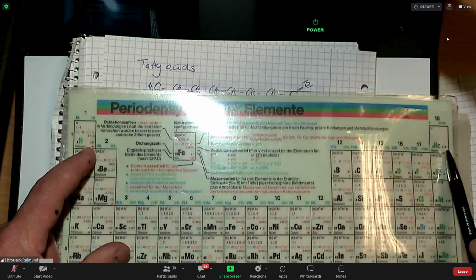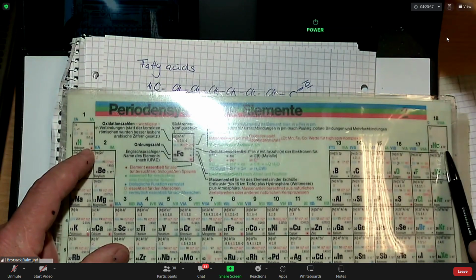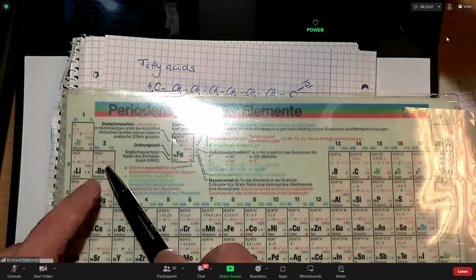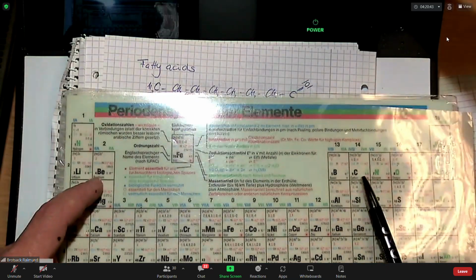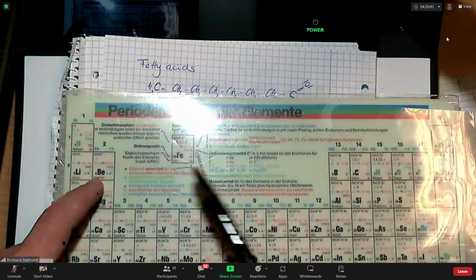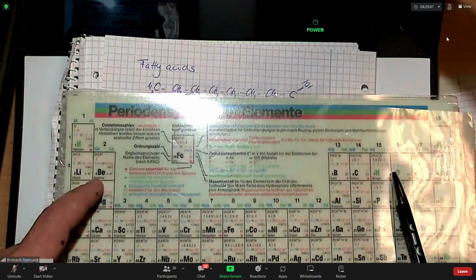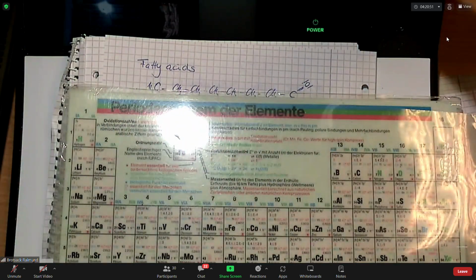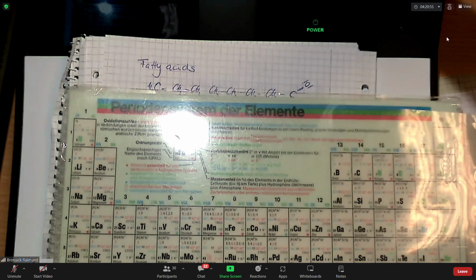The first orbital, 1s is full. Then we have 2s1, 2s2, 2p1, 2p2, 3, 4. Those two and those two in the second main shell are in the outer shell, and those are available for chemical reactions. And that's always the same.